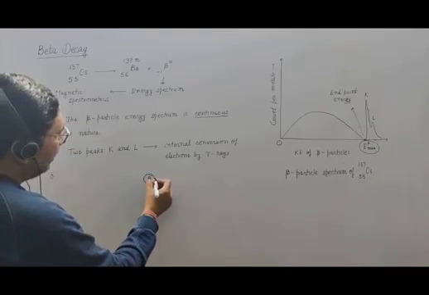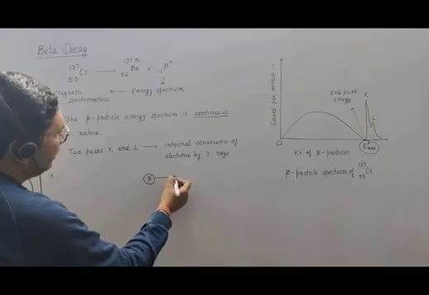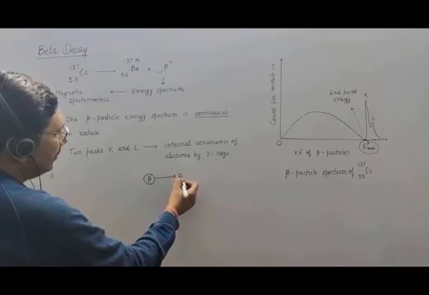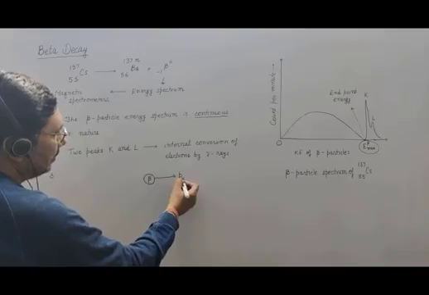It means after the emission, we have one beta minus particle, and suppose it is moving in this direction with some momentum, p beta.